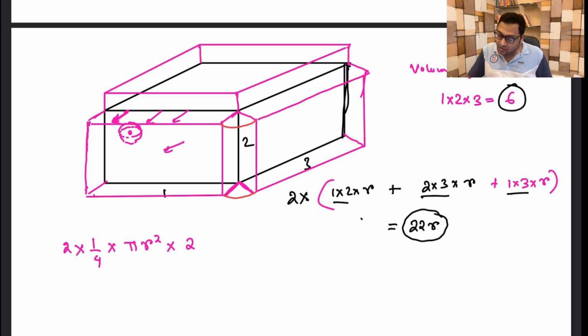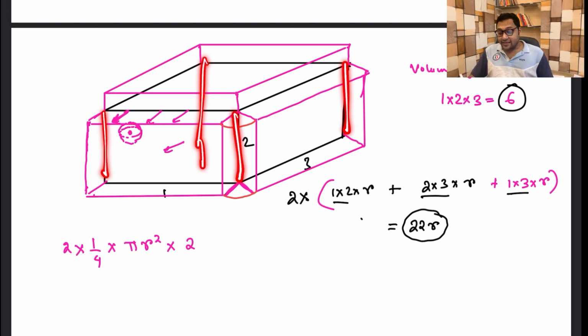And similarly, one of them is at this corner, one of them is at this corner. So there are four corners where this height 2 quarter cylinder is standing.